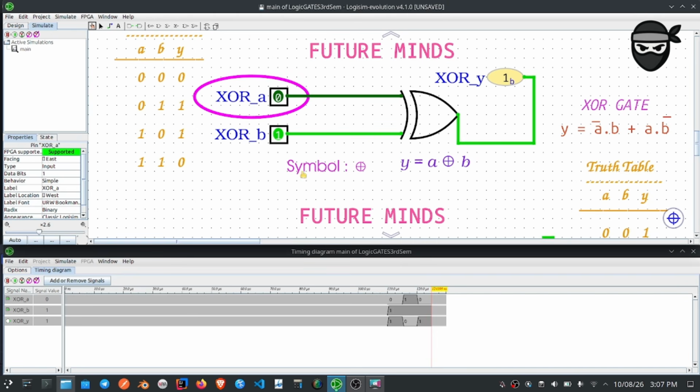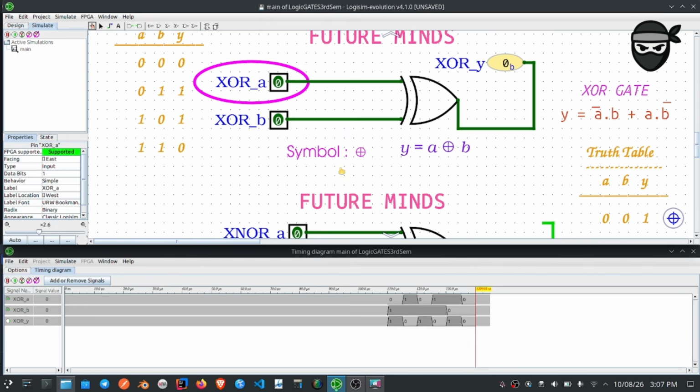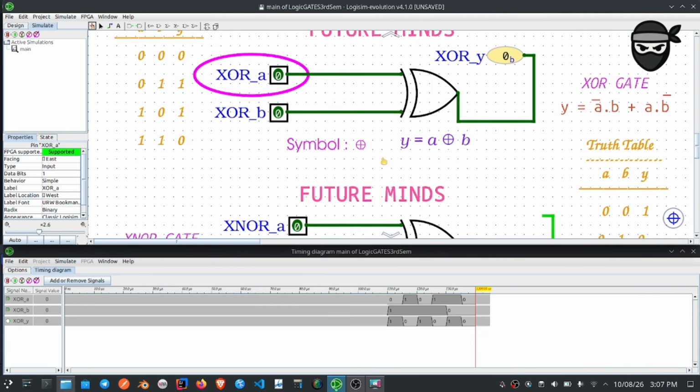Taking 0 and 1, we get output as 1, or 1 and 0, we get output as 1, and 0 and 0 gives the output at low state 0. The symbol of the XOR gate is a circle and a plus sign within it.